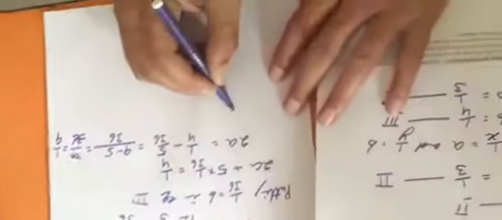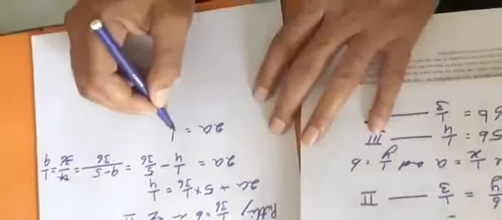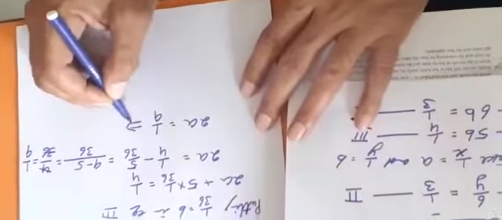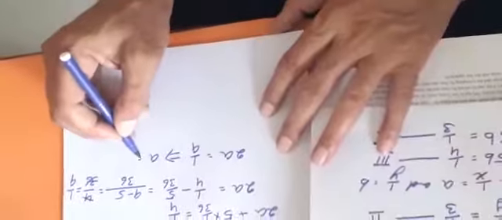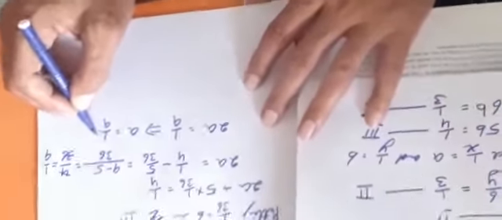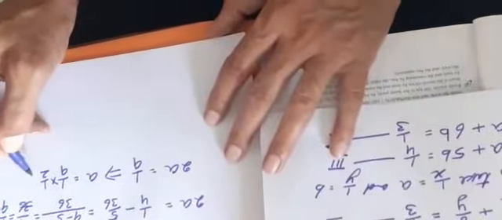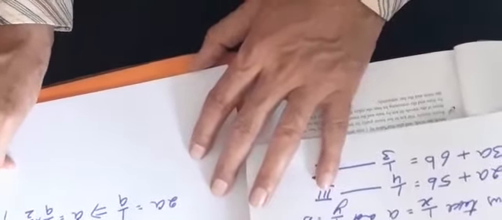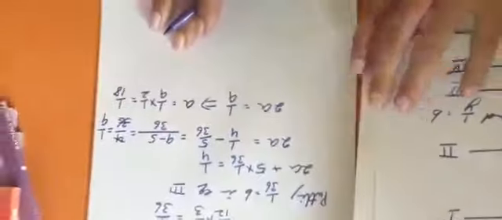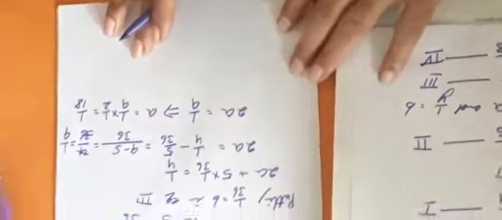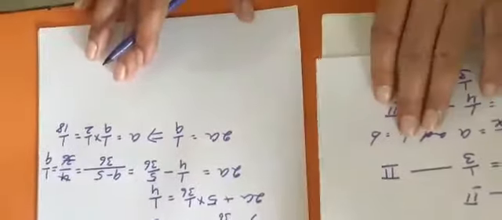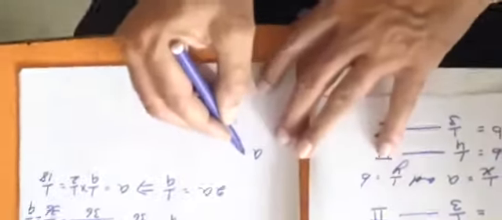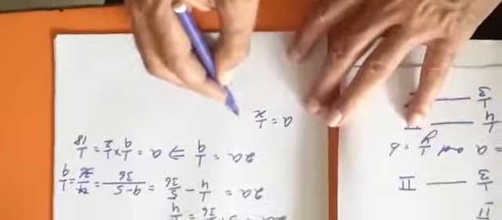So 2a is 1 upon 9. This implies a is equal to 1 upon 9 into 1 upon 2. It should give you 1 upon 18. You got the value of a as well as b. Now, what is a? A we have taken to be 1 upon x. So, a is equal to 1 upon x.